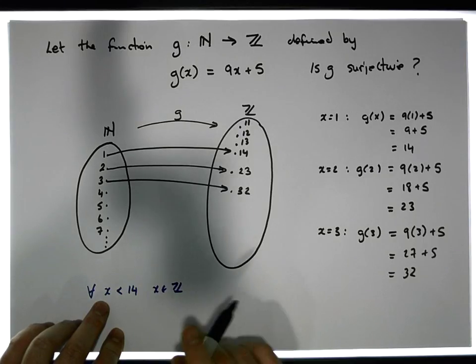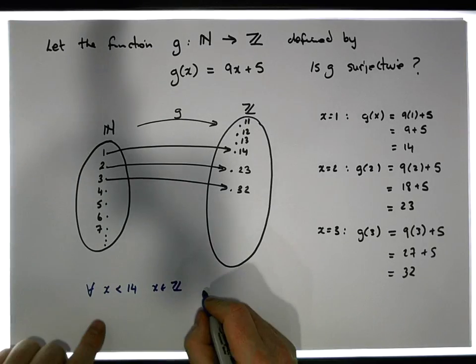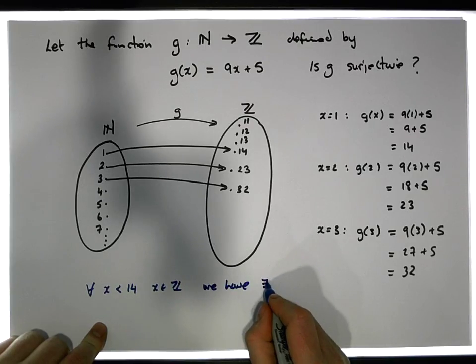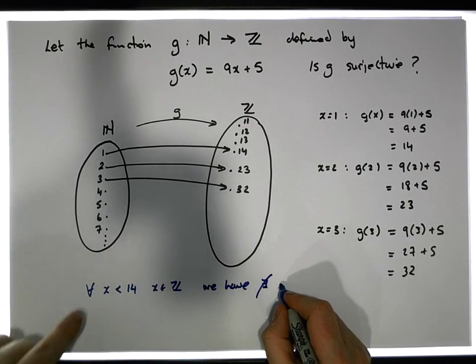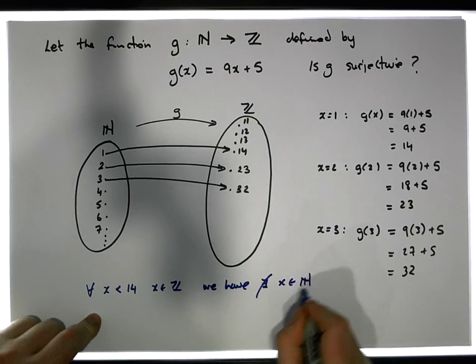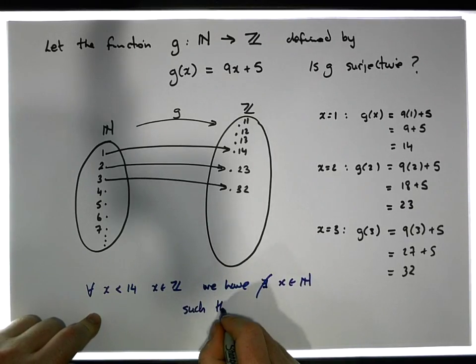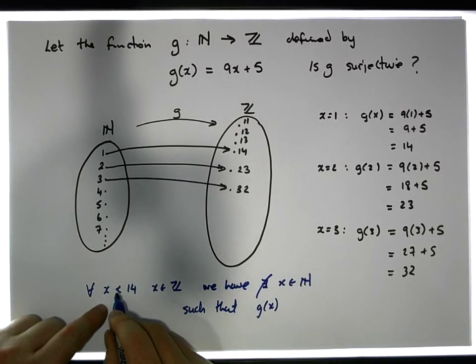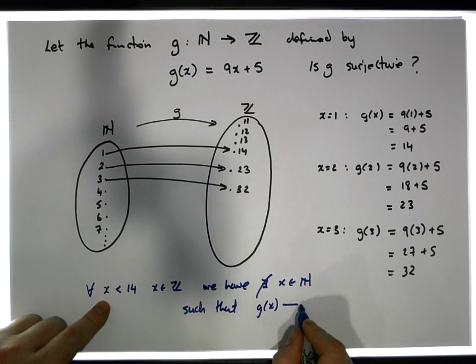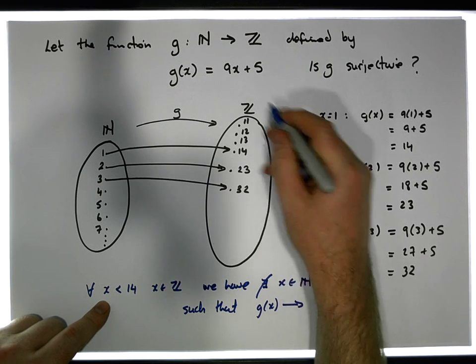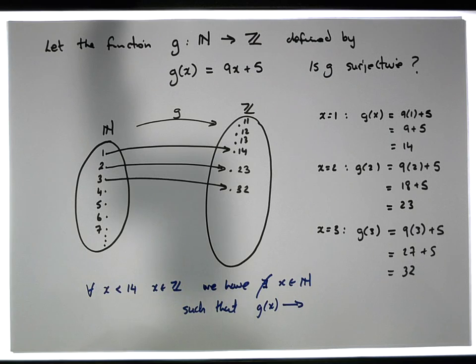there doesn't exist a natural number, there doesn't exist an x in the naturals, such that g of x is an element of this particular set here. There's lots of values in the integers here.